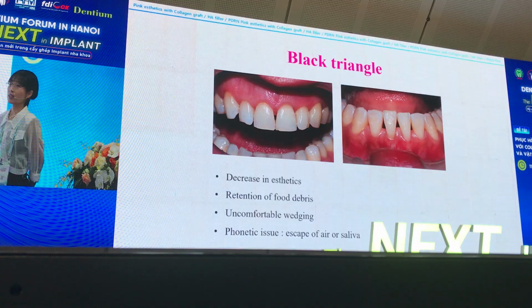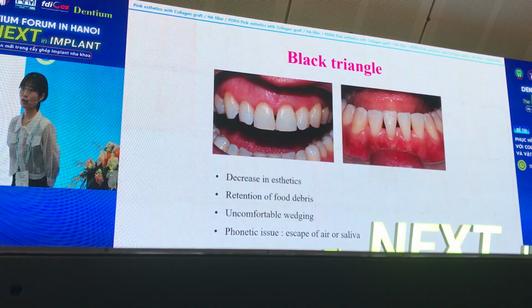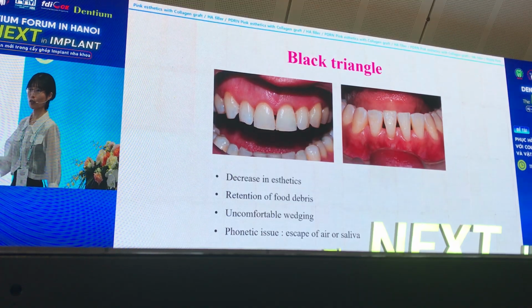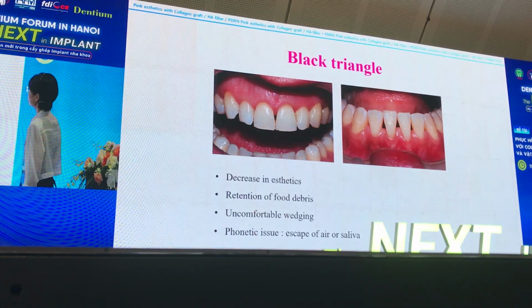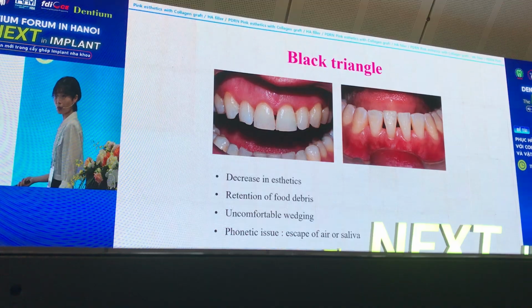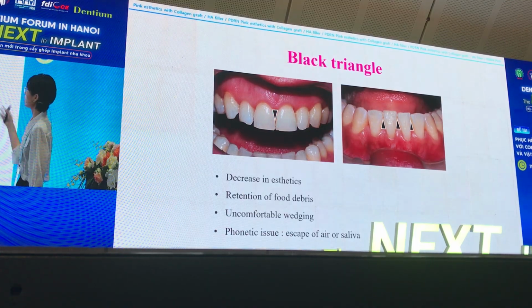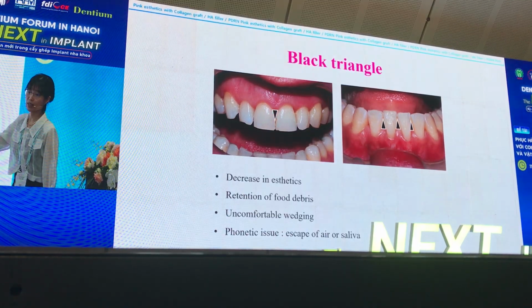And let's look at the black triangle. How can you treat these patients? The black triangle is an esthetic problem, and it can also cause food impaction inside.